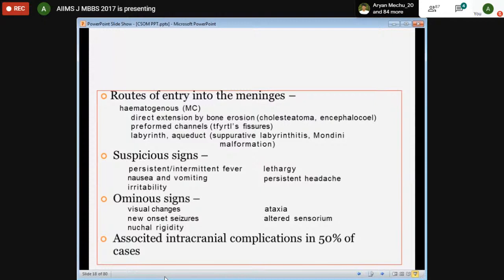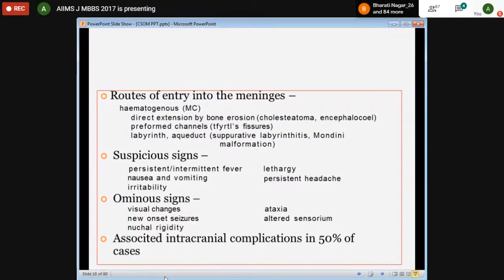When you don't treat this meningitis, it increases as the days pass. The most common sign we look for is neck rigidity or nuchal rigidity. There are two signs usually listed: Brudzinski sign and Kernig sign. In Brudzinski sign, when you flex the neck, there will be flexion of the hip and the knee.